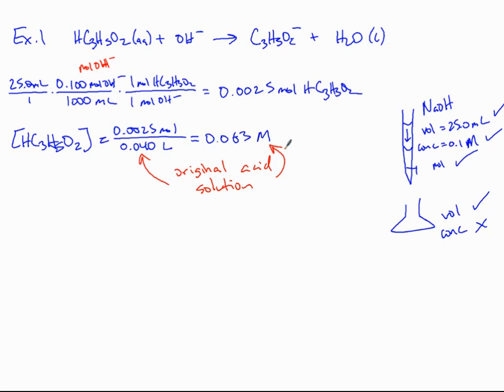A lot of times you just have to figure out what the concentration of your reactant is based on the cover. So when we do this in the lab, the sodium hydroxide concentration will be our unknown. We're going to know the volume. We're not going to know the concentration. But down here, we'll know everything about this acid, which means we could use this stuff to calculate this one.